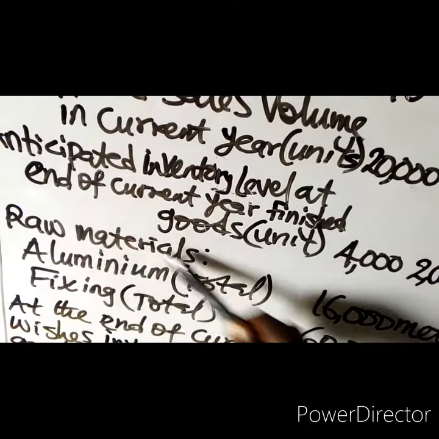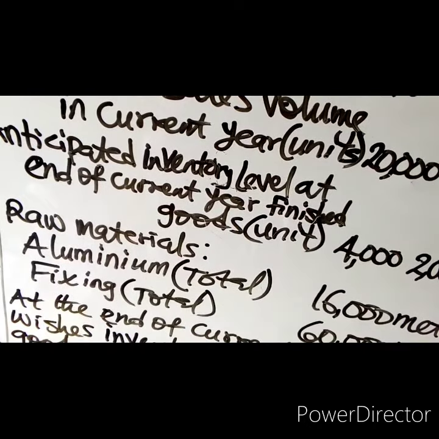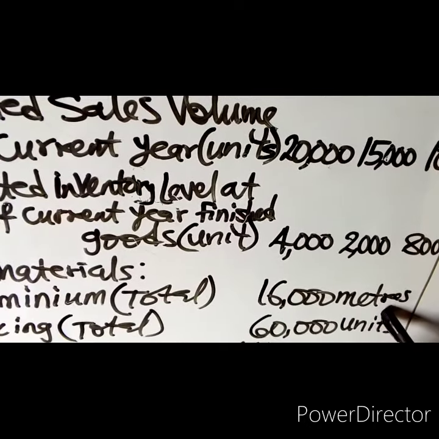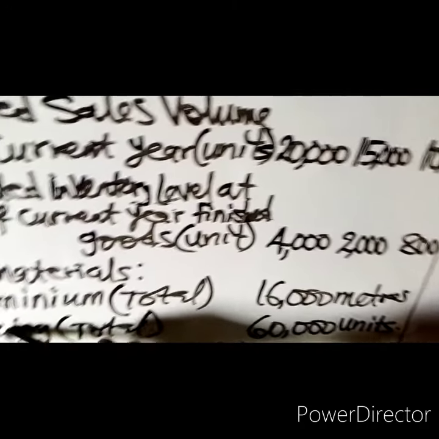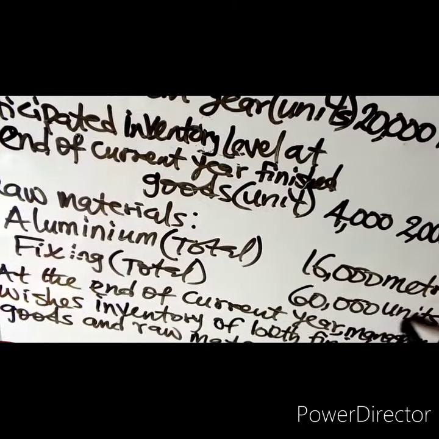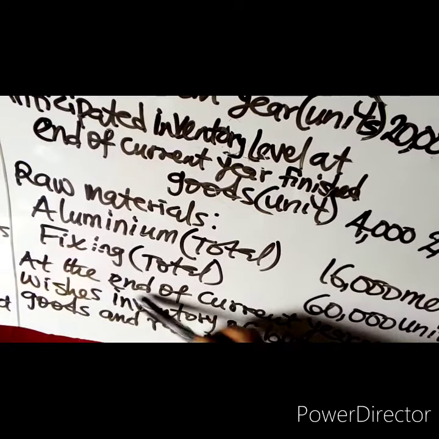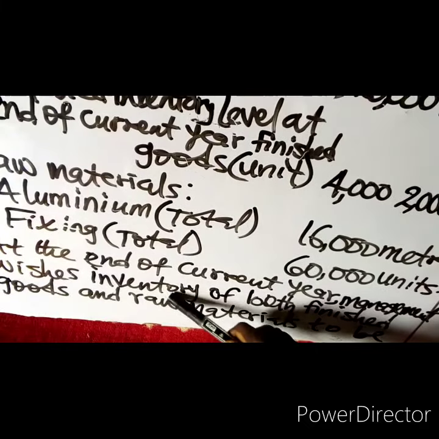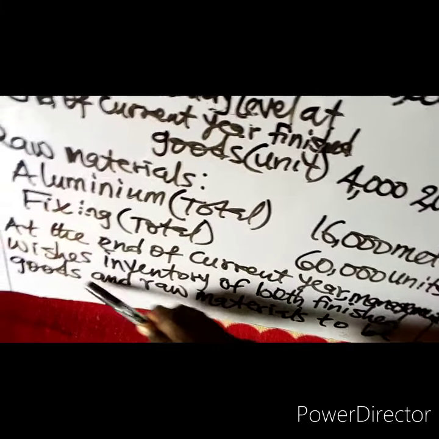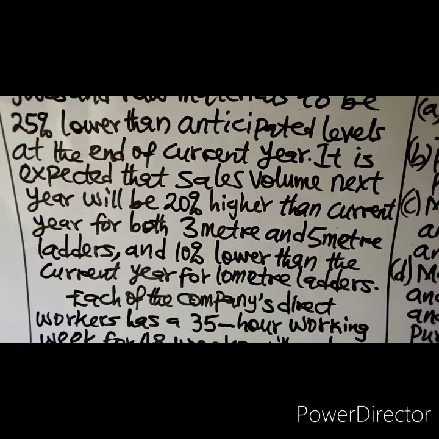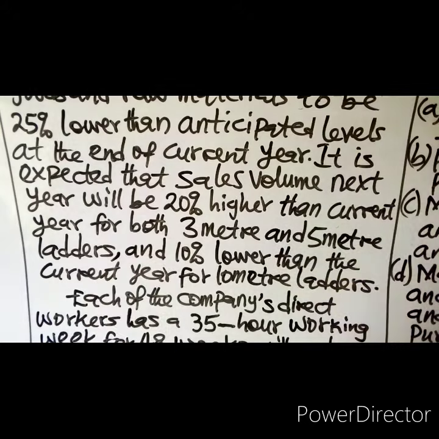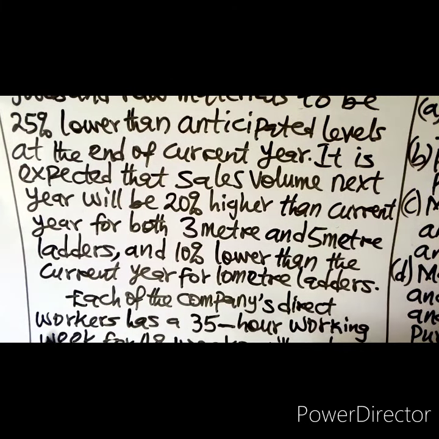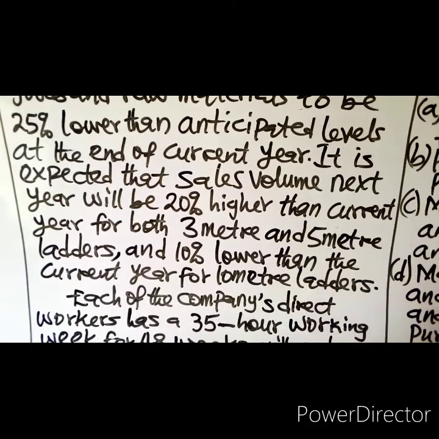Raw materials: aluminum in total is 16,000 meters, and fixing in total is 60,000 units. At the end of the current year, management wishes inventory of both finished goods and raw material to be 25% lower than anticipated levels.